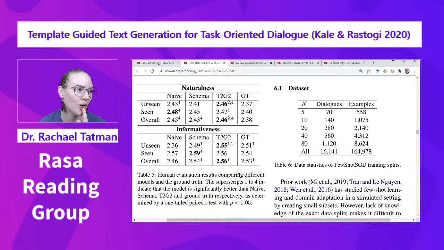And also, I would have you defend your choice of a one-tailed test, because it's easier to get significant results with a one-tailed test than a two-tailed test, basically. Yeah. I'm happy to see statistical evaluation. I probably would have made different choices here personally.